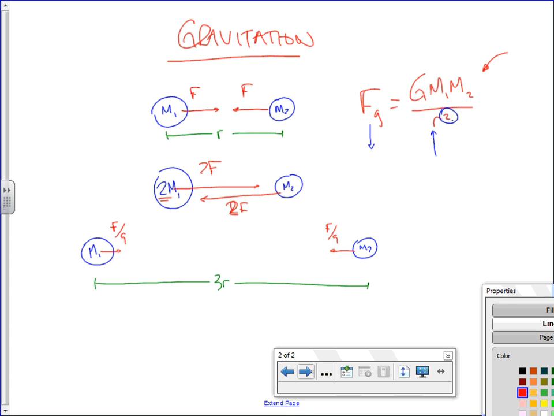Don't forget it's squared. So whatever you do to r, do the opposite, but squared. Notice, r got 3 times bigger, F got 3 squared times smaller. We've seen that 50 or 60,000 times this year.